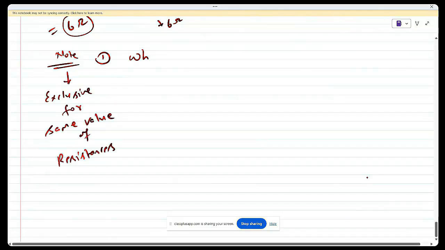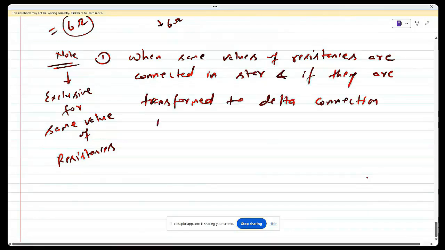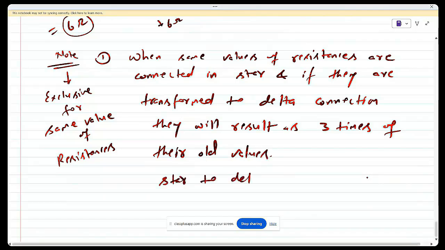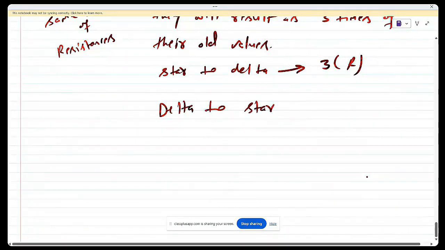So statement number 1: when the same values of resistances are connected in star and transformed to delta connection, they will result as 3 times their old values. Getting this point? Star to delta, what is happening? Increased by 3 times. And delta to star, what will happen?